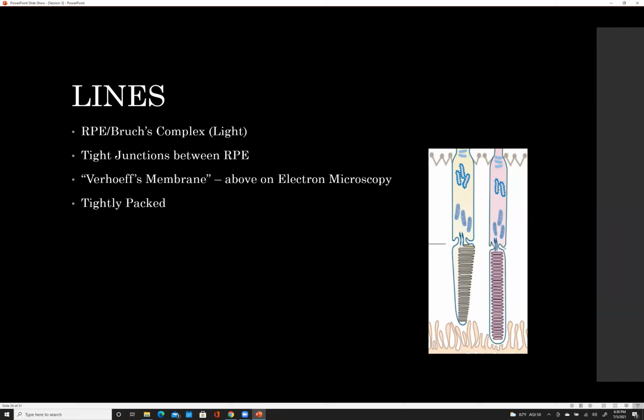Does this make sense? Yeah, this is great. Oh, and by the way, we call it RPE-Bruch's complex. That's how I want you to say it, because on OCT we cannot distinguish the different layers of Bruch's membrane and RPE. We can only do that pathologically. So here it's the RPE-Bruch's complex. Make sense? Yes.